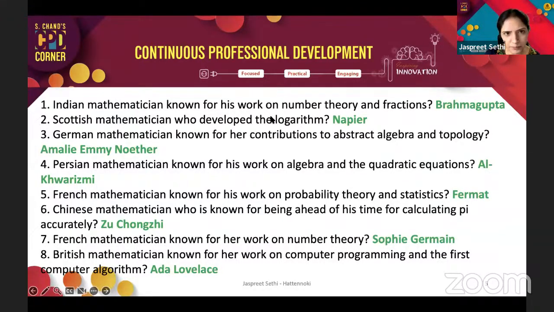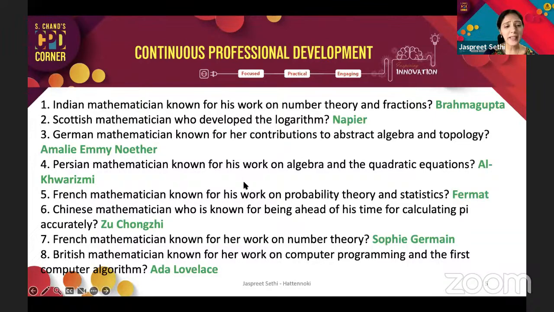I am going through the chat, so pardon me if I'm looking like I'm staring, but I'm just trying to see if I got some responses for the 8th one. Yes, I did see Manjushri. Thank you. That's Ada Lovelace. And I think I got Fermat from many people. The Chinese mathematician, thank you, Shankari, that is right, is Zhu Chongzhi. So good to know that we are aware of some of the mathematicians that have contributed to the maths that we know and do today.